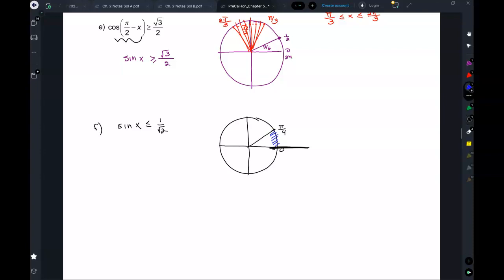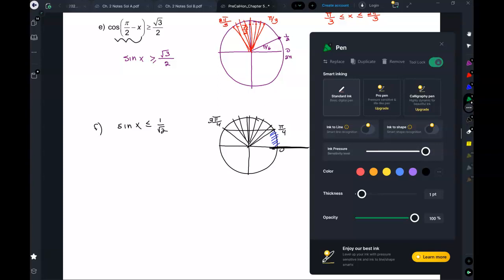So one region that I want is 0 to pi over 4. Now, all of these angles have a y value that is higher than 1 over root 2. At 3 pi over 4, it's 1 over root 2 again.